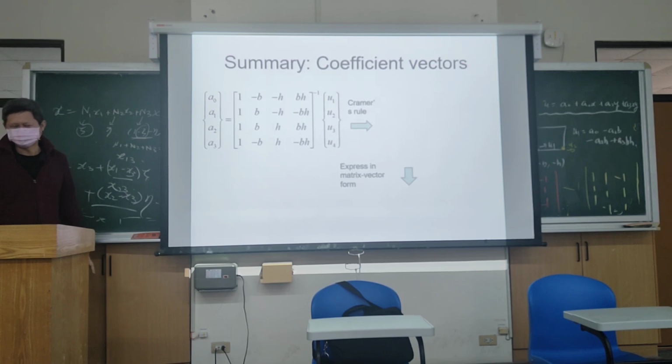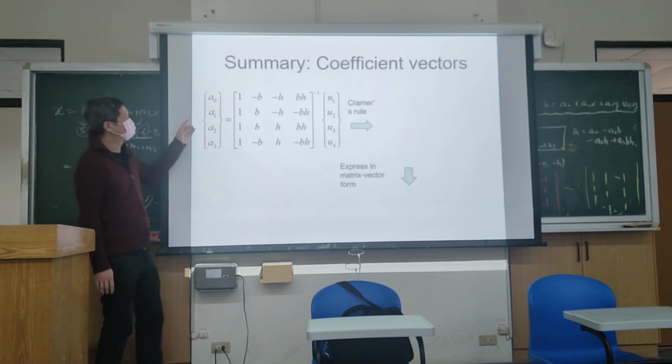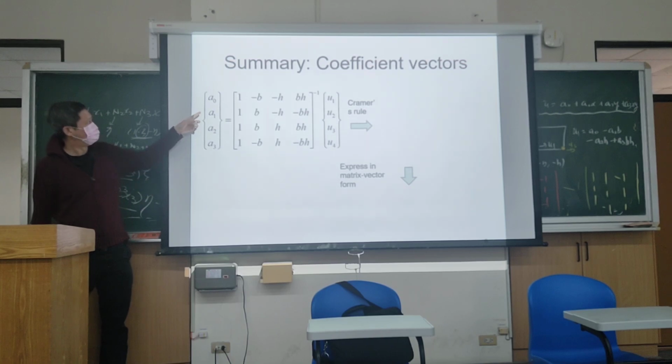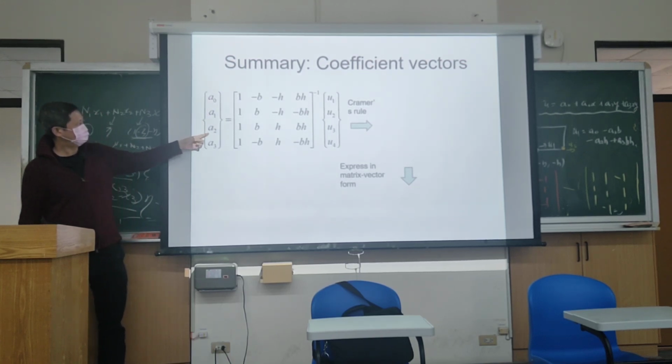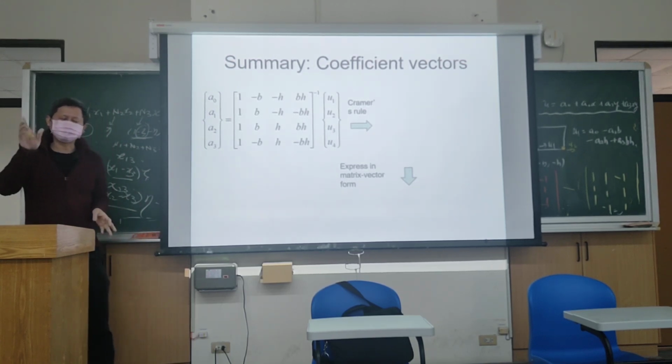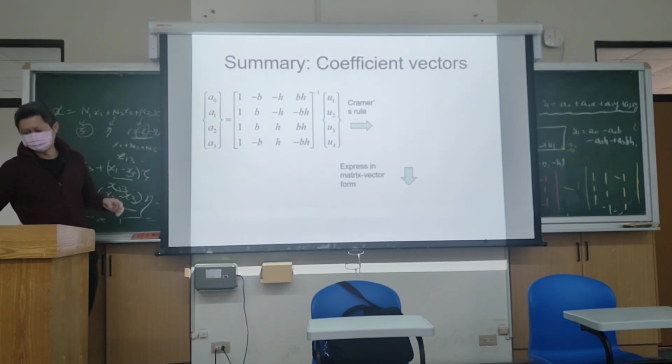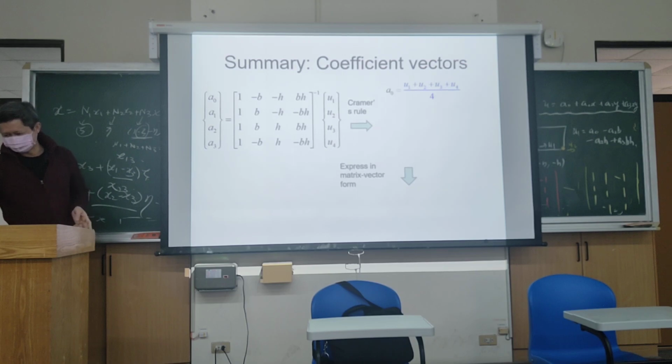Okay. So in summary, you eventually use Cramer's rule to find your A0, A1, A2, A3. These are the coefficients that let you do the interpolation from coordinate to displacement.